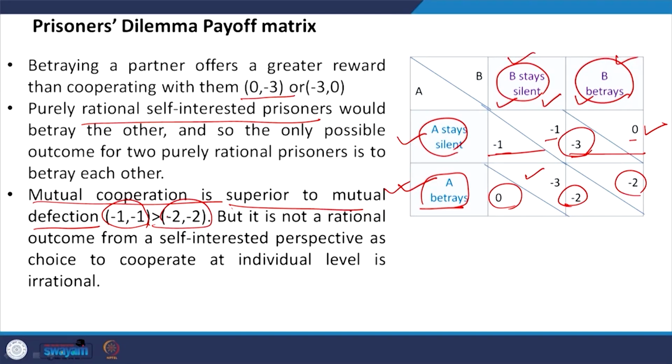If you compare these situations, obviously -1, -1 is greater than -2, -2. That means -1, -1 must be preferred over -2, -2. Both of them should prefer a 1 year sentence each in comparison to a 2 year sentence each.